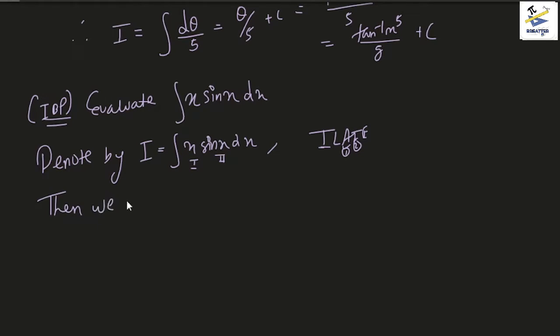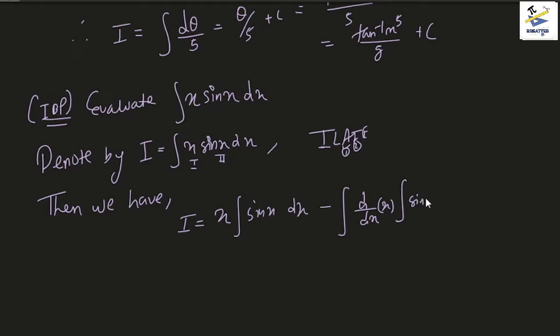Then we have I equals x into integral of sin x dx minus integral of derivative of x, which is d dx of x, into integral of sin x dx, and the whole thing is dx here, right?